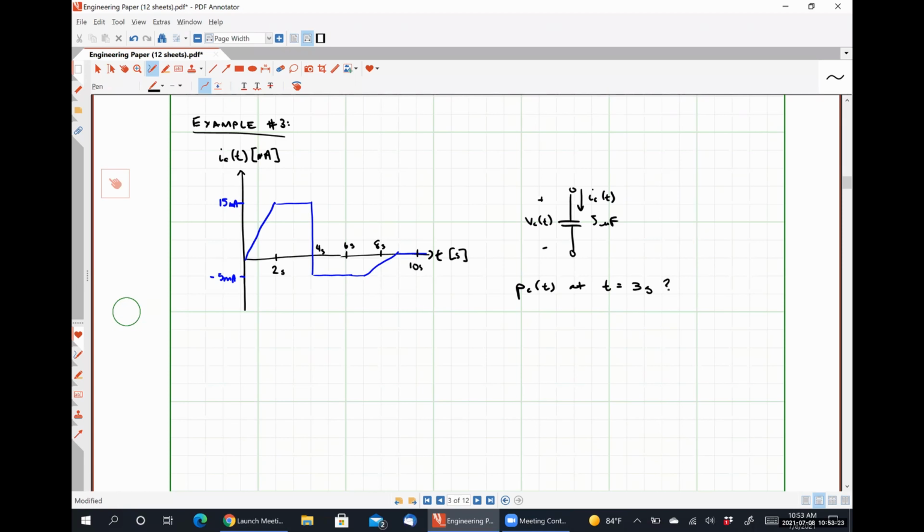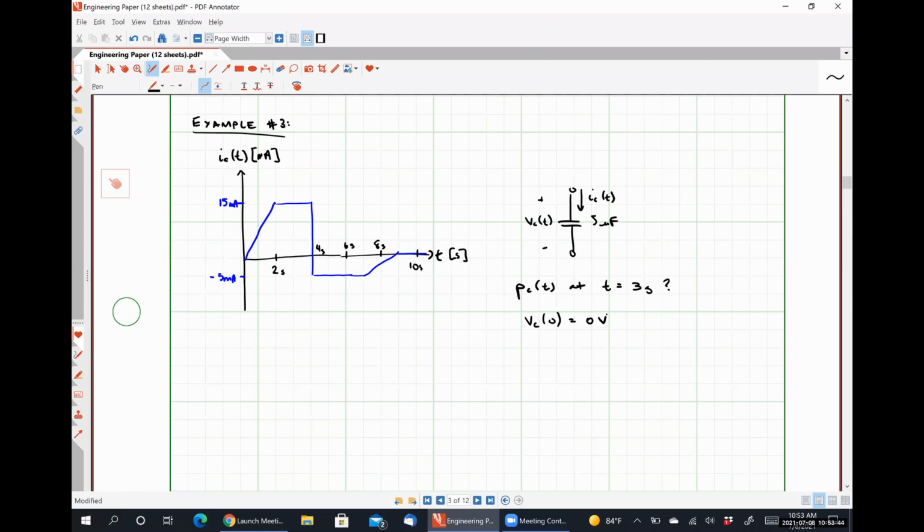I like to ask graph questions like this on the exam. So we're given current. Oh, and I guess we also need to know VC at 0 seconds is 0 volts. We need to know an initial condition, okay?